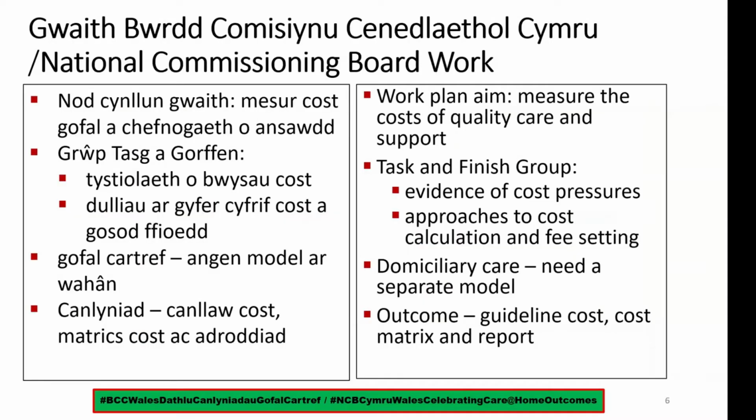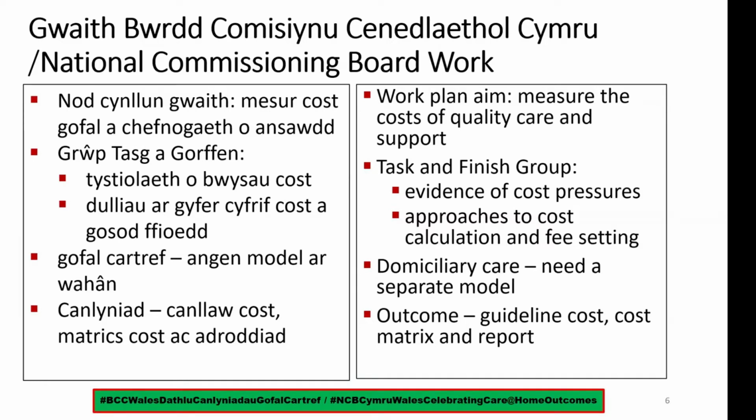During the past year, the National Commissioning Board had a work plan aim, which was to measure the costs of quality care and support. In order to do this, a Task and Finish group was formed to look at evidence of cost pressures facing social care providers and approaches to cost calculation and fee setting.